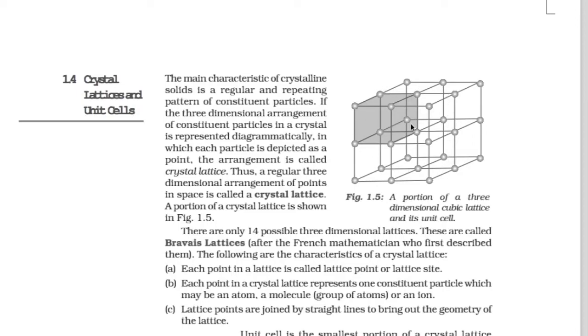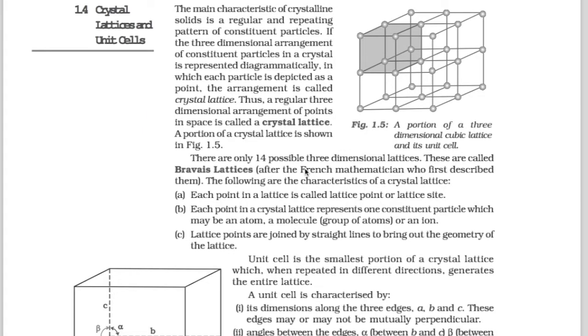Here you can say that this small cubic structure repeats itself to prepare this whole structure. This small portion of this crystal is known as unit cell, and this three-dimensional cubic structure is known as lattice.